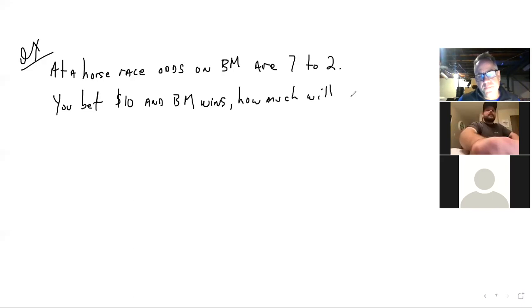How much will you gain, given those odds? So what does this mean? 7-2. For each $2 you bet, you gain $7. So a $10 bet is equivalent to 5 $2 bets. So for each $2, you gain 7.